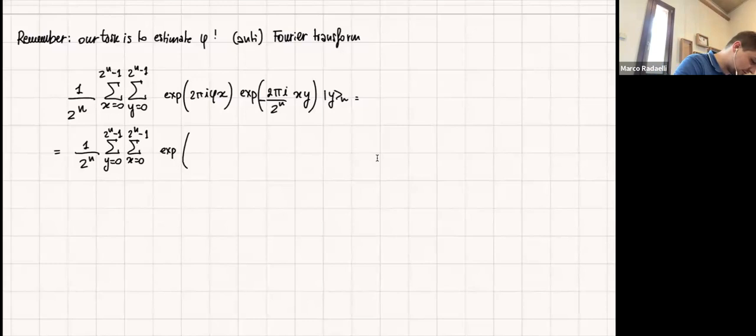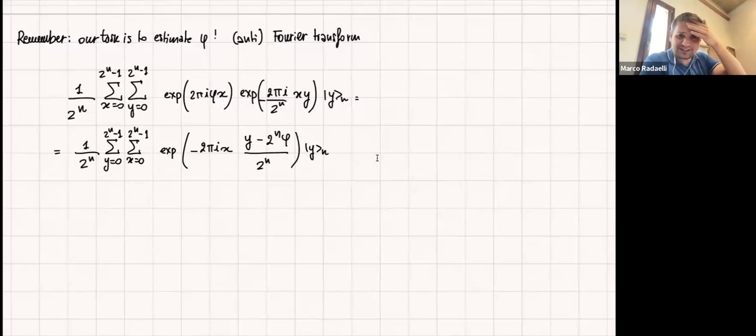Exponential of minus 2 pi i x is common, and then I have y minus 2 to the n phi over 2 to the n, with y n components. Nice.